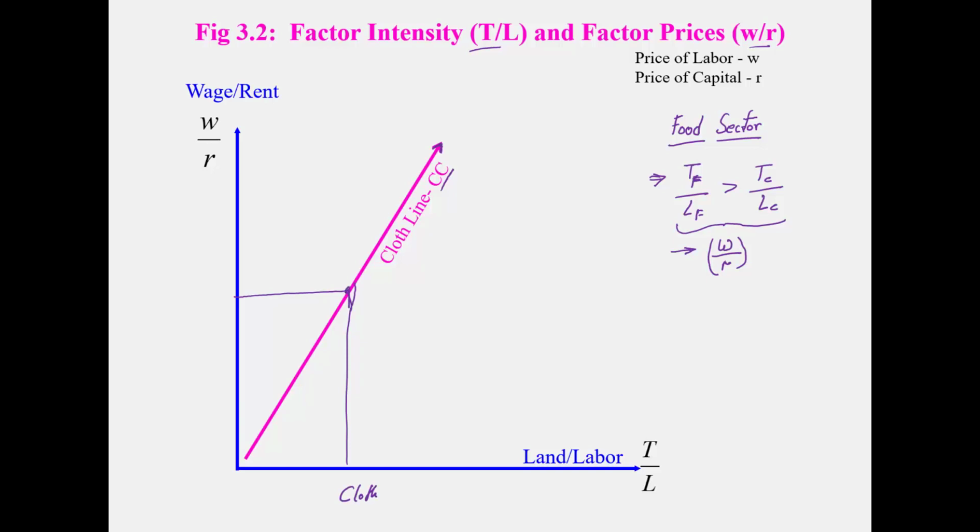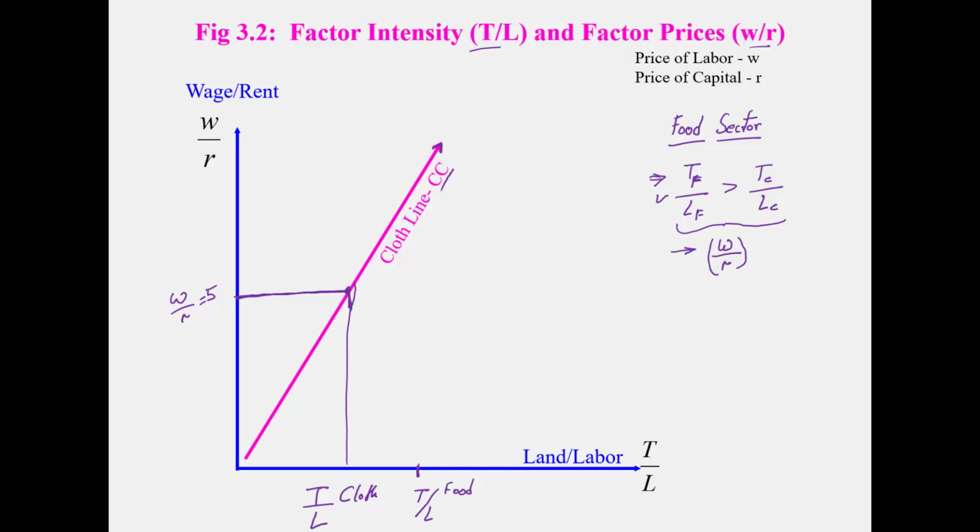And for the same wage by rental ratio, let's say this W by R is 5, the land by labor ratio for cloth is here. For food, it should be higher. So the land by labor ratio for the food sector should be somewhere here, right?